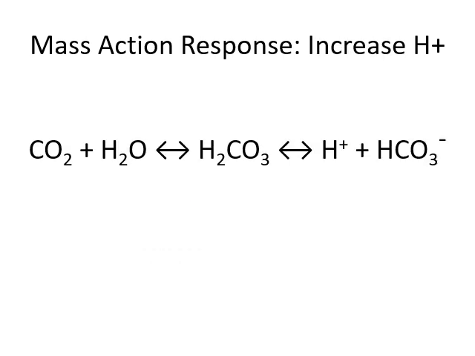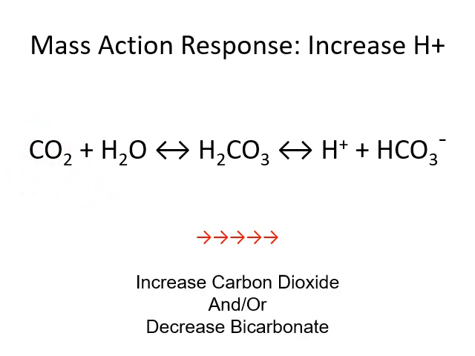Increase hydrogen ions, we're going to go in the opposite direction. So I want to go this way, so either that means I have to decrease this to draw the equation that way, or I have to increase this. So I want to increase carbon dioxide. That means I don't want to ventilate my lungs as much.